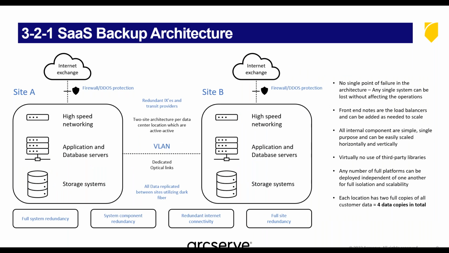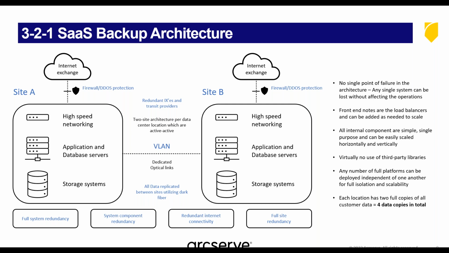Okay, the building block of the SaaS backup architecture complies with a 3-2-1 strategy. Each data center has two locations configured as active.